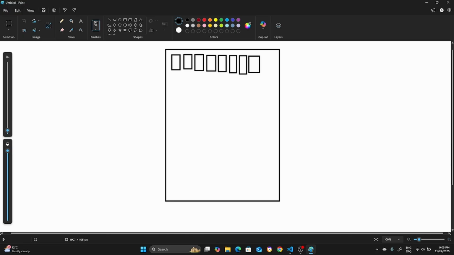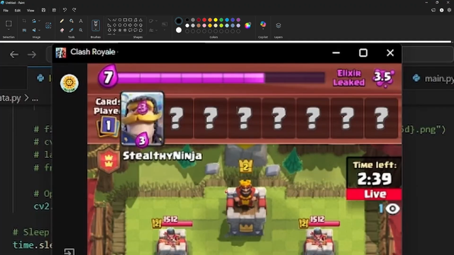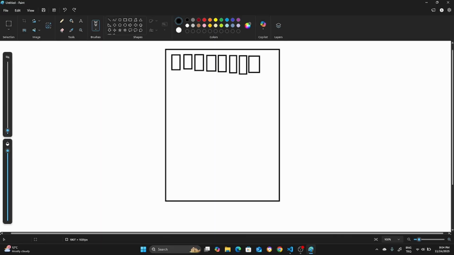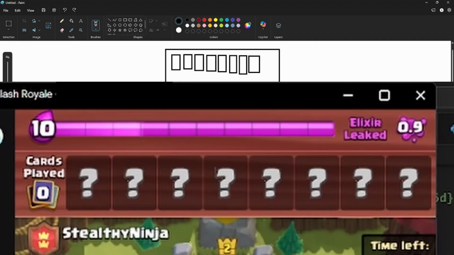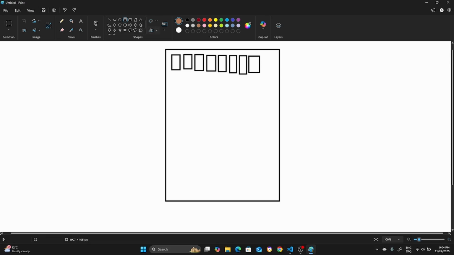Now, first of all, I needed to find a method to determine which card our opponent plays, and I realized that when our opponent places a card, there's this small animation, right? And I basically exploited that. As you saw in the footage, there is a small brown surface.